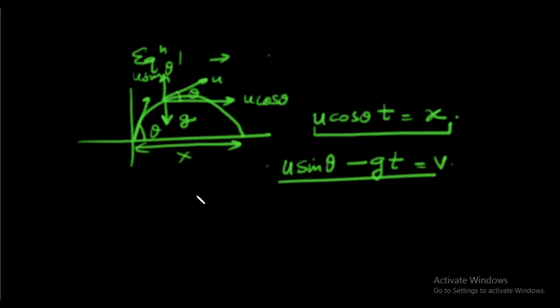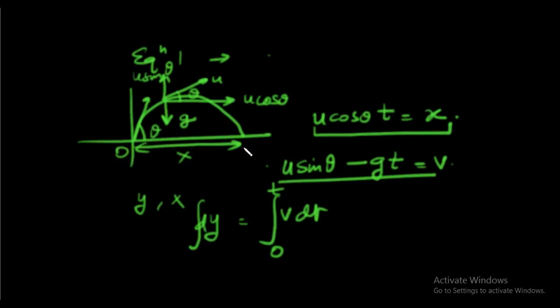So at any moment of time there will be two displacements, y and x. X we know, we can calculate y. dy would be equal to v dt. Now we integrate it over the whole time taken, from 0 to p. But from 0 to p the displacement would be OP along this, so this is only x, there is no y.